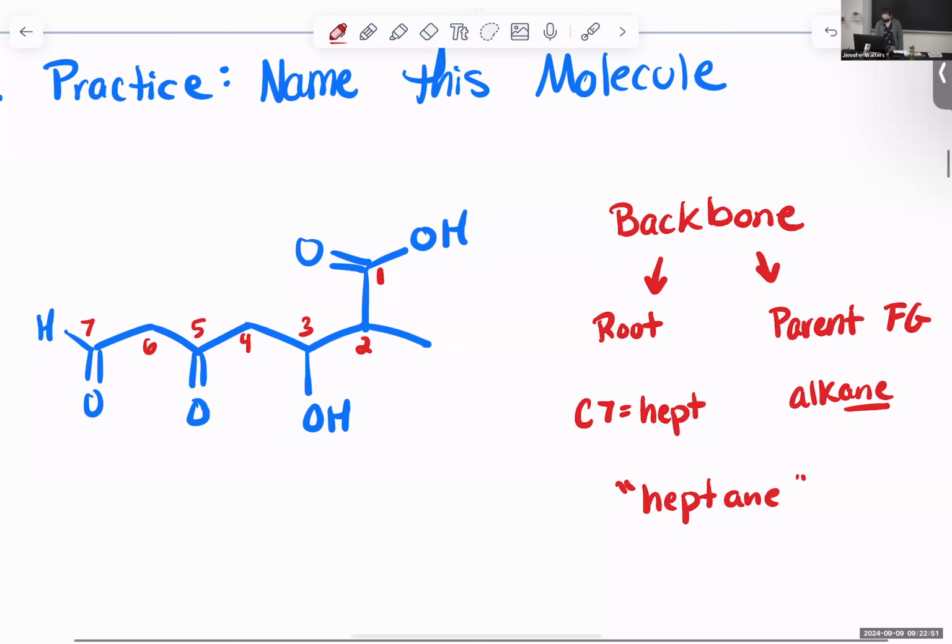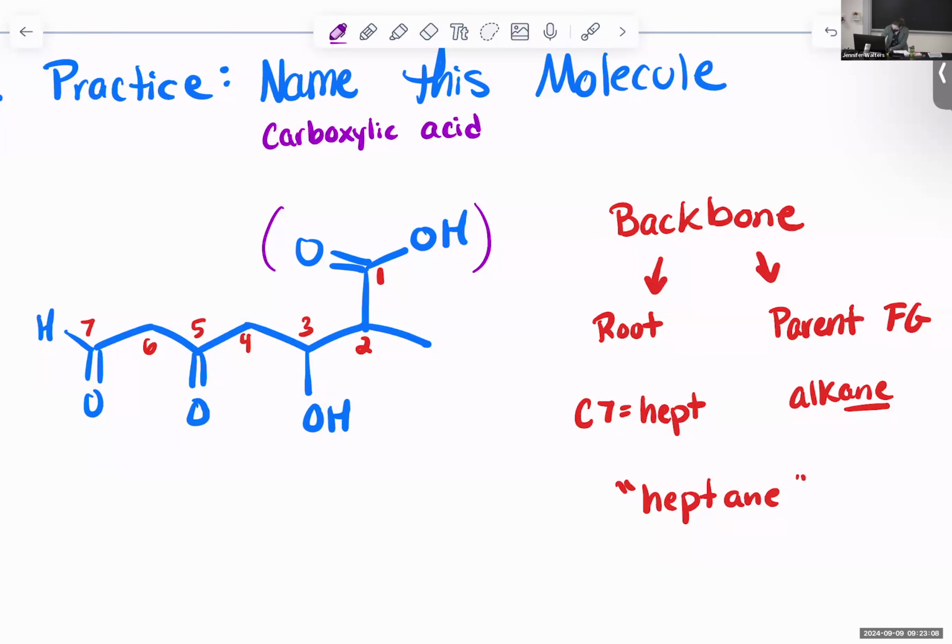Next is going to be easiest if we identify all of our functional groups. We kind of jumped the gun and already figured out that the carboxylic acid is going to be our primary. But for review, let's do all of them. So this one, I already told you, is the carboxylic acid. So what is the suffix that it would get? What do you use to designate a carboxylic acid?